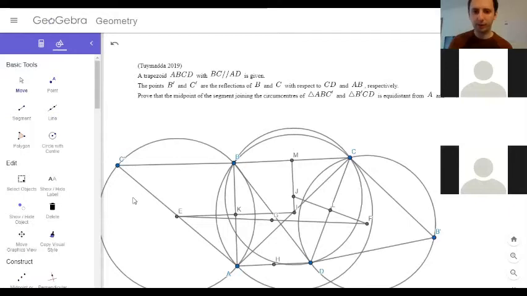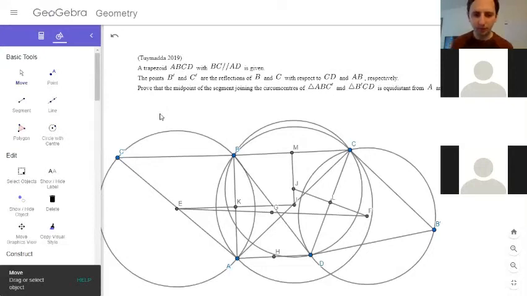So these two outer circles, the circumcenters are E and F, and G is the midpoint of EF. We want to show GA is equal to GB. So I drew in a bunch of extra stuff, but that's the original problem. It doesn't seem like a super complicated problem statement.